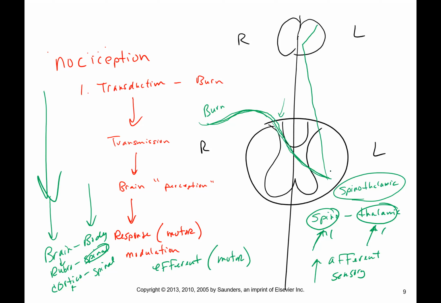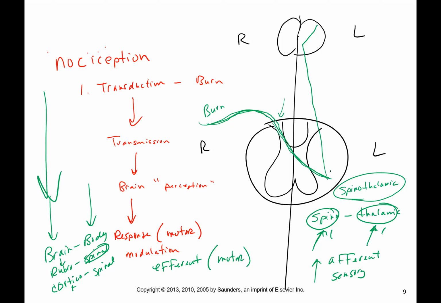They go into your spinal cord, but where? In your low back, in your mid back? Well, no, in the neck area, the cervical area. If it's your foot, if you step on a tack, where does that sensory information come in? In your middle back? No, in your low back, because your low back nerves operate the foot. So that's what we mean by at the level of the cord.